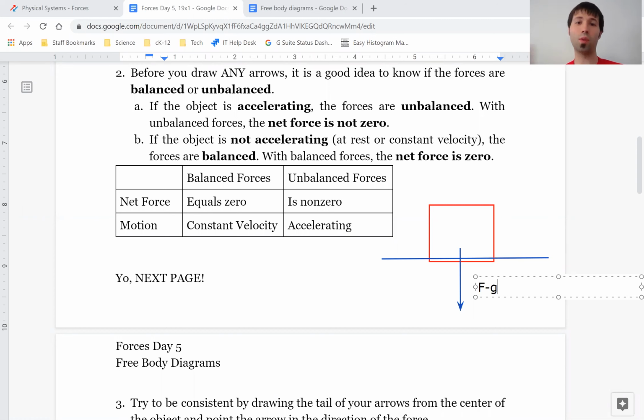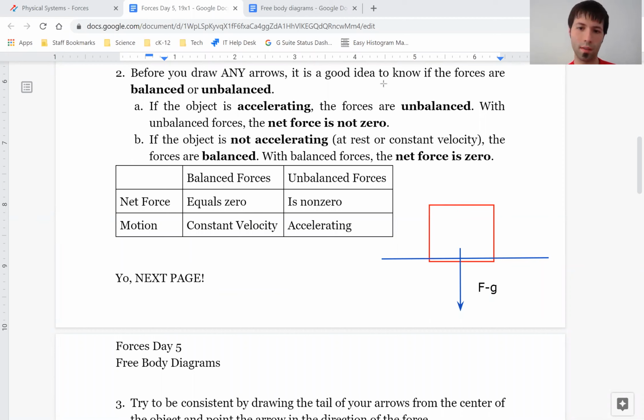Now, as I said multiple times in my daily questions, if gravity is the only force acting on an object, it should be accelerating downward. This box is not moving. We established that already. So if this box is not moving, there must be something to balance that downward force. There must be another force acting upward.